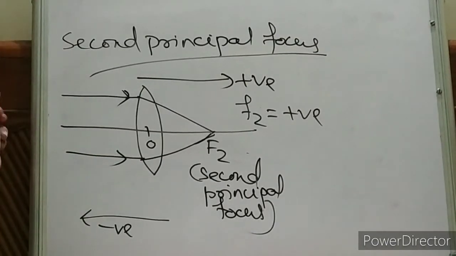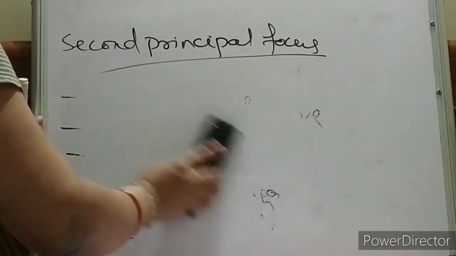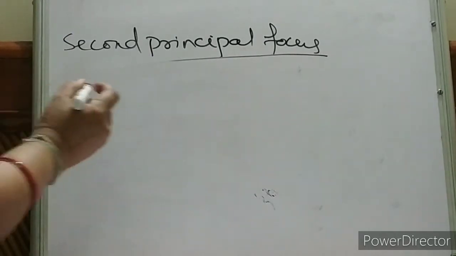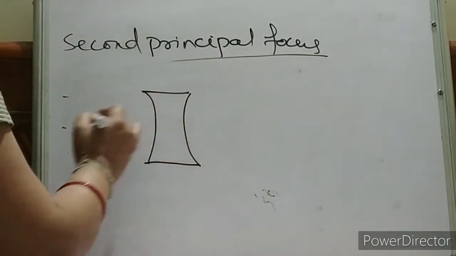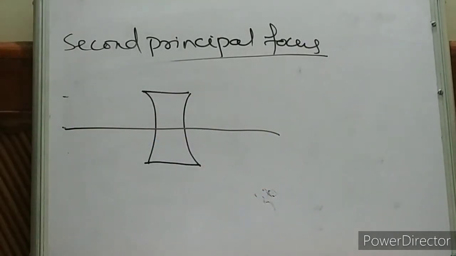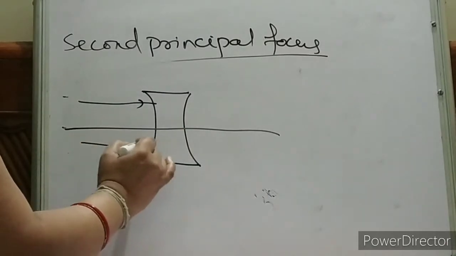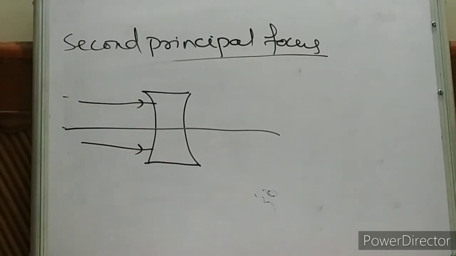Okay. Now let us see the case of the concave lens. What is the second principal focus? For the concave lens, let us draw the concave lens like this and the principal axis. Okay. Now the incident ray from infinity, parallel to the principal axis.